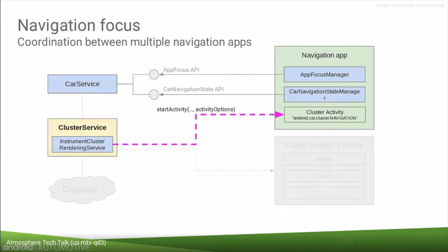The way the instrument cluster rendering service identifies what to launch in the cluster is by checking the category navigation: it's going to look for an activity in the package that requested focus with the category navigation, and that's going to be the one that is launched. If you don't want the instrument cluster rendering service automatically launching anything in the cluster, you can easily deactivate this by not providing activity options to the instrument cluster.